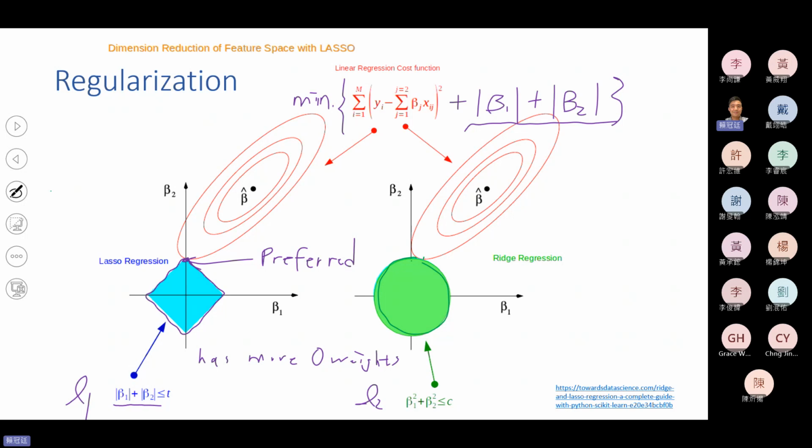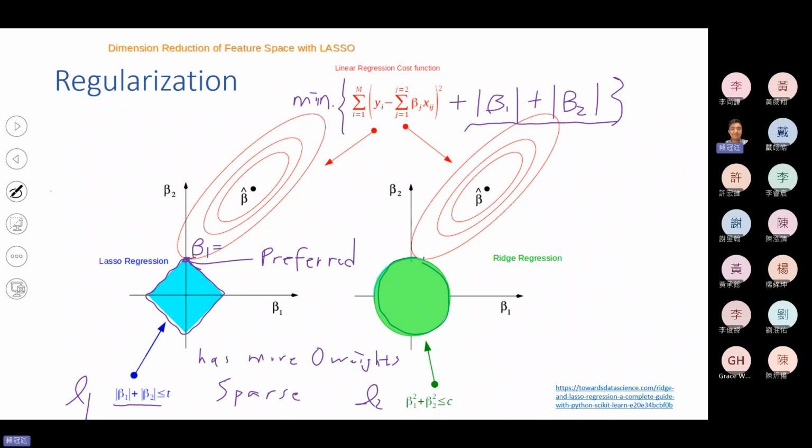Which means the result is a more sparse vector. You can look at this point, where beta 1 is equal to 0.